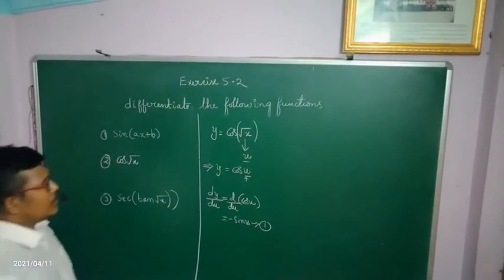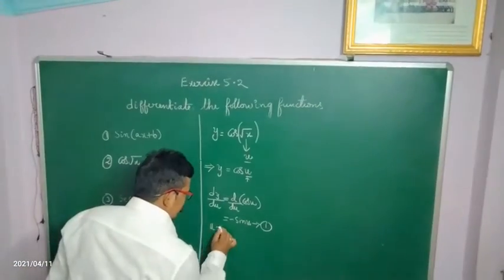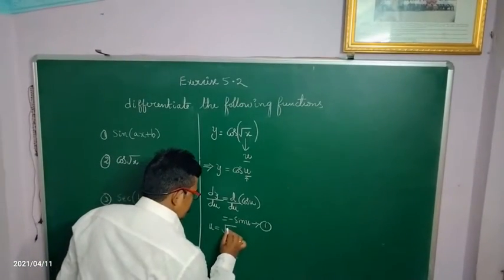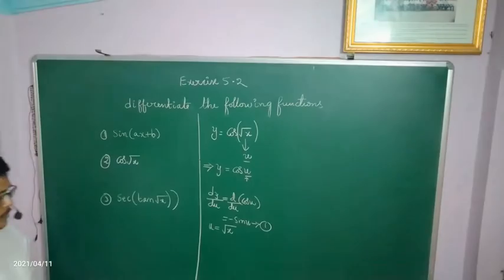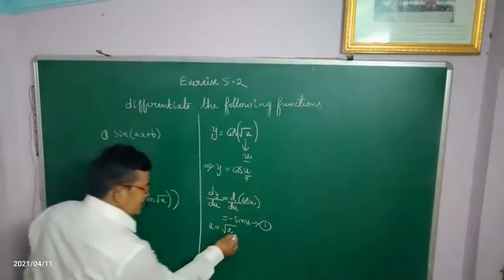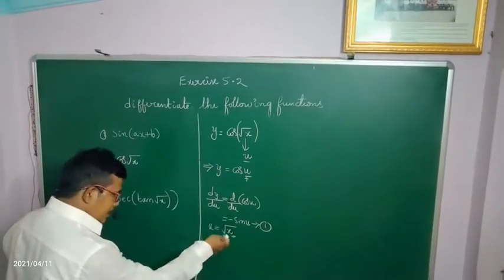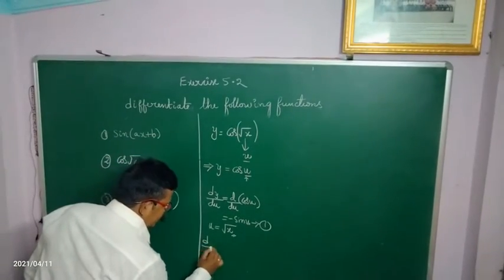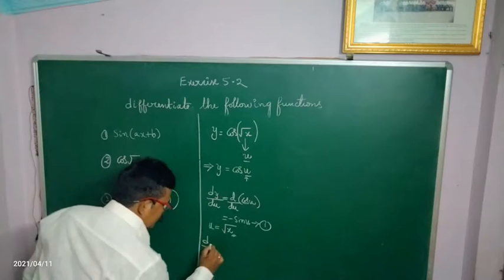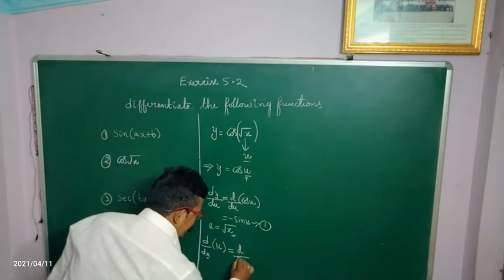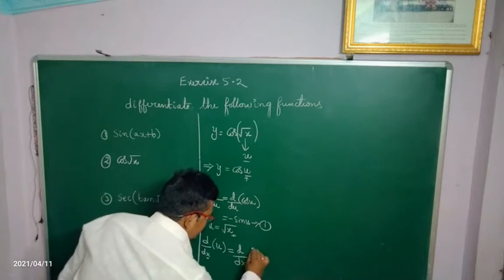Okay. Now we have u equal to root x. So this is a function in x. So differentiate with respect to x. So d by dx of u equal to d by dx of root x.